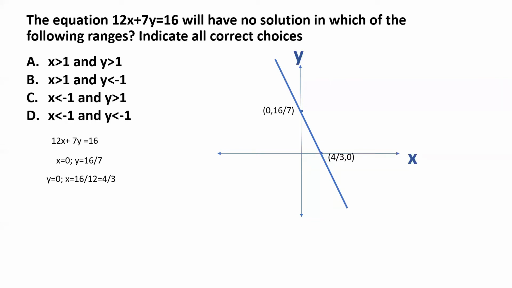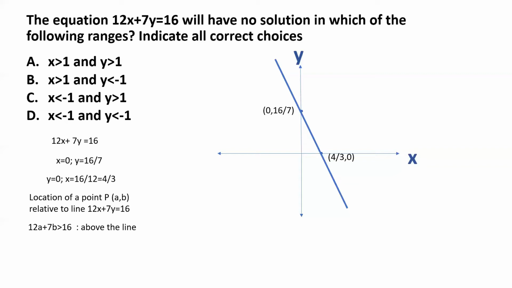Next, we will consider an important lesson regarding the relative location of a point P with respect to a line, and it's actually very simple. If we consider a point P with coordinates a, b, then to find where the point is located relative to the line, we plug x equal to a, y equal to b into the equation 12x plus 7y.